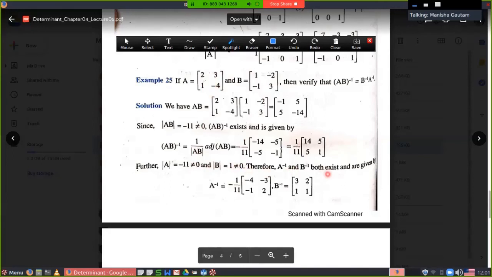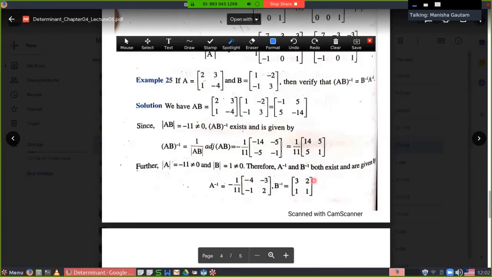It means both inverses exist and can be calculated, or are defined. A inverse will be equal to minus 1 upon 11, and verbally you can do it: interchange the places of these two elements and change the sign of the elements 3 and 1. The same is done for B inverse also.